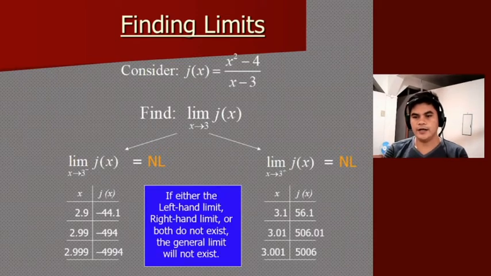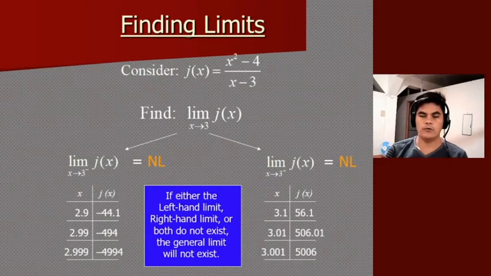If either the left hand limit, right hand limit, or both do not exist, then the general limit will not exist. Okay? Now, if you observe the values of g of x as x gets closer and closer to 3 from the left, it grows larger and larger.